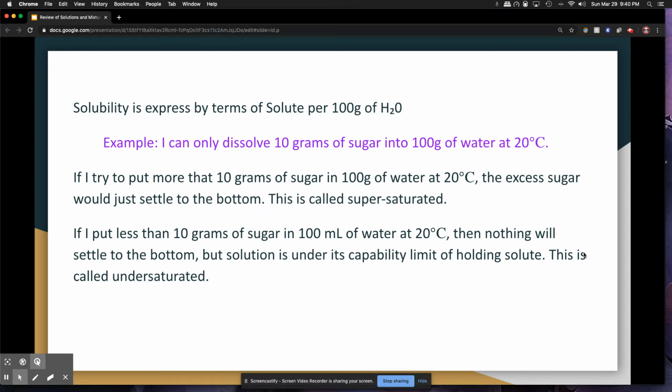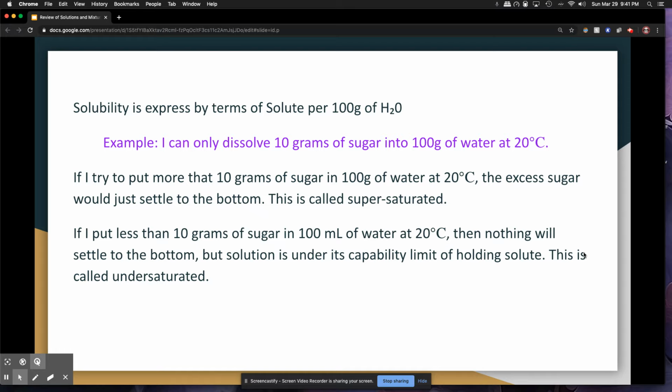So you want to think of, again, Kool-Aid mix. If you have Kool-Aid mix and you add a whole bunch of water, you don't have a very good Kool-Aid mix. It's very dilute. You can hardly taste the flavor or the sweetness. That would be your undersaturated. Now, if I take a whole bunch of Kool-Aid mix and put it into a small amount of water, what happens is you get so much flavor and so much sweetness that it's almost gross.